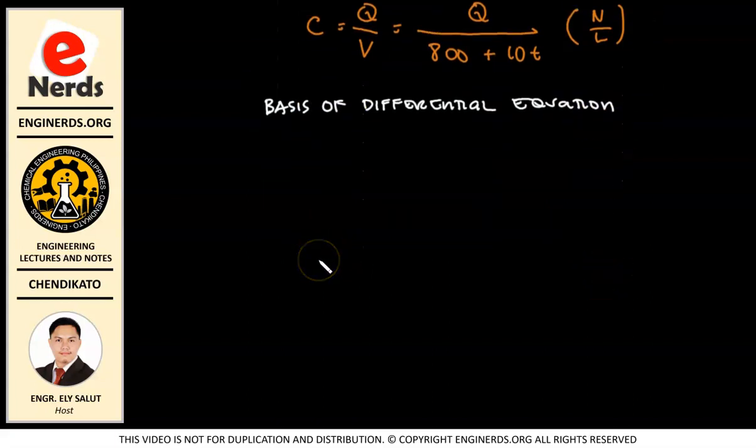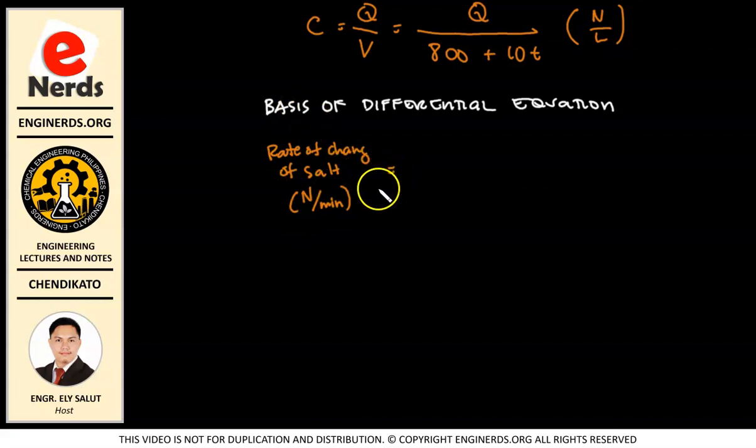Okay, so it will be the rate of change of the salt, which is in Newton per minute. So, nagbabago kasi yung amount ng salt natin sa ating tank, no?